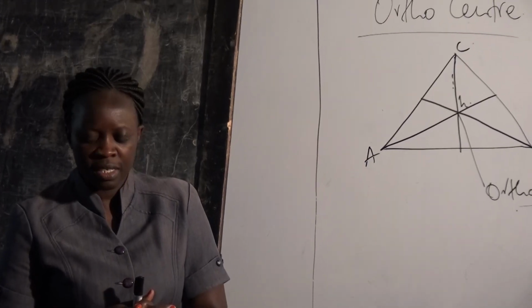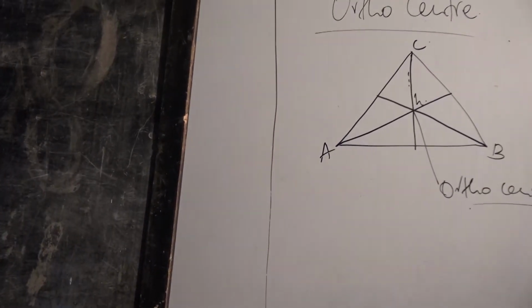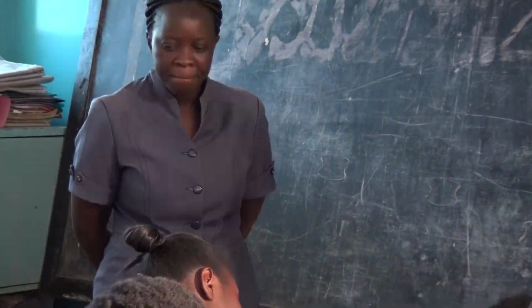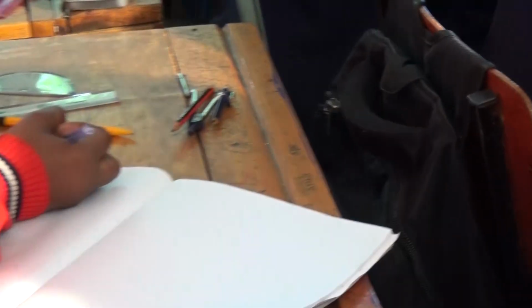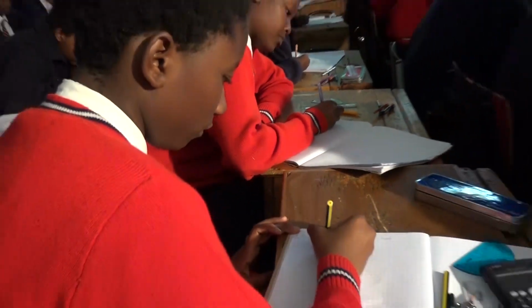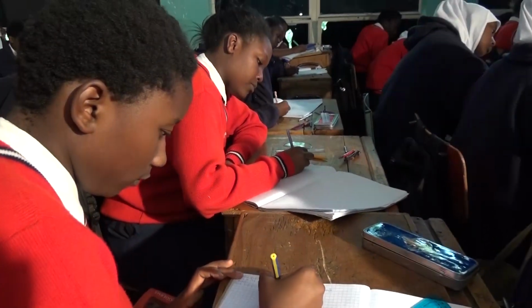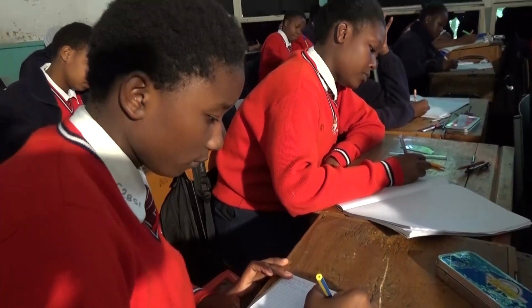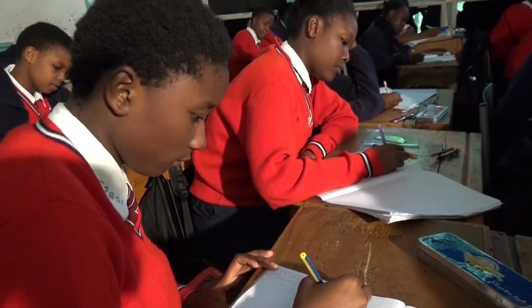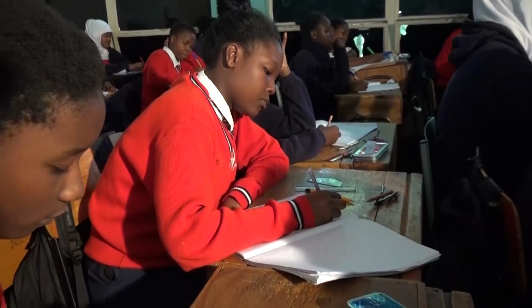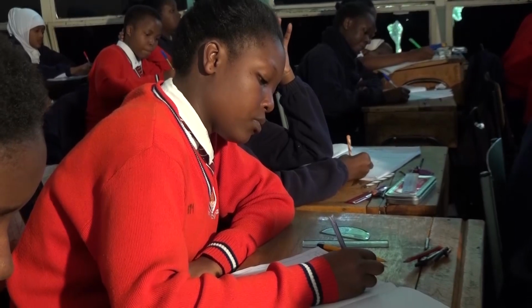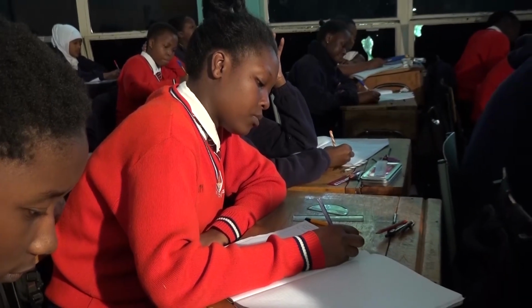So just write example. Draw triangle PQR with PQ 8 centimeters, then QR 7 centimeters, and RP 6 centimeters.